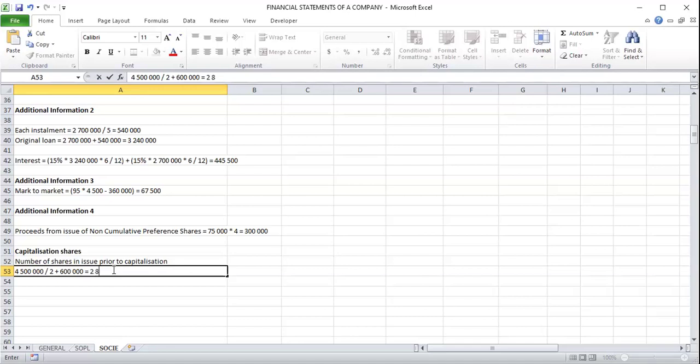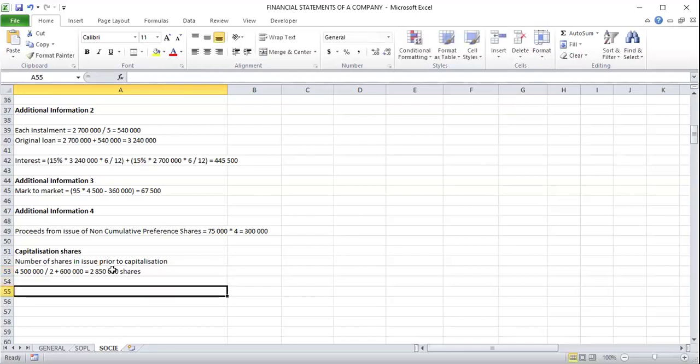$602,250. 2,850,000. Is that correct? Right. So that means capitalization shares. Remember, you have to check the proportion with which the capitalization shares are being issued.